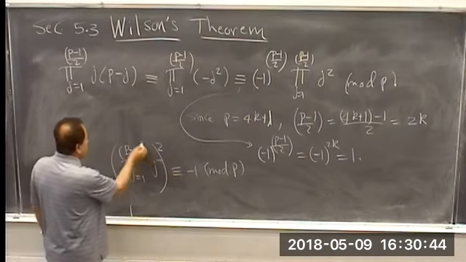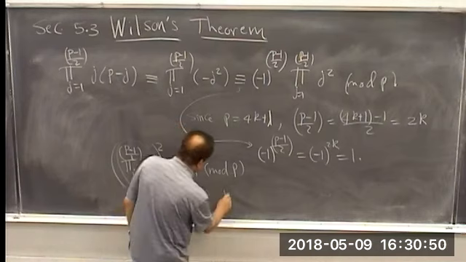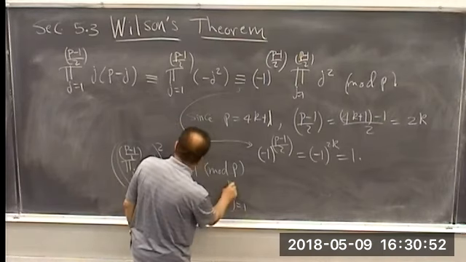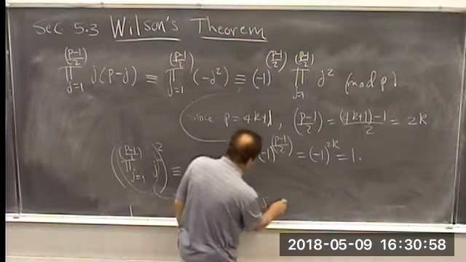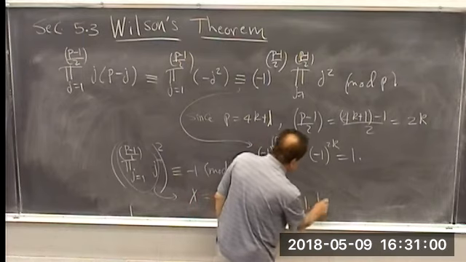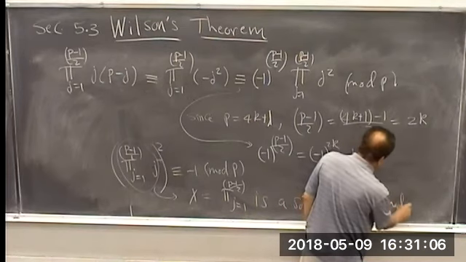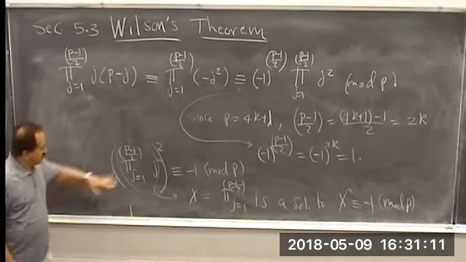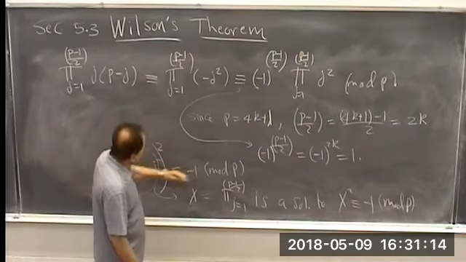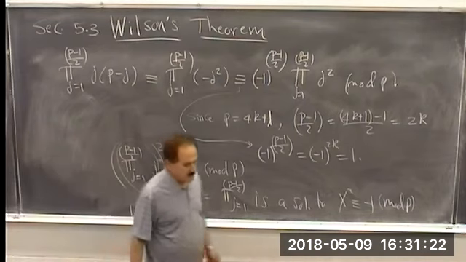So this means that x equal to the product for j equal 1 to (P minus 1) over 2 is a solution to x squared congruent to negative 1 mod P, because it satisfies the congruence. In other words, this number squared is congruent to negative 1 mod P. In fact, it tells you what the solution is also. In other words, this is a constructive proof.